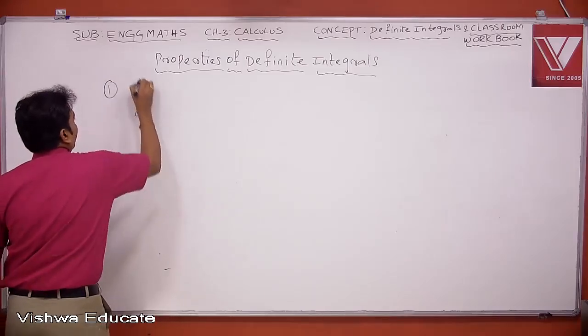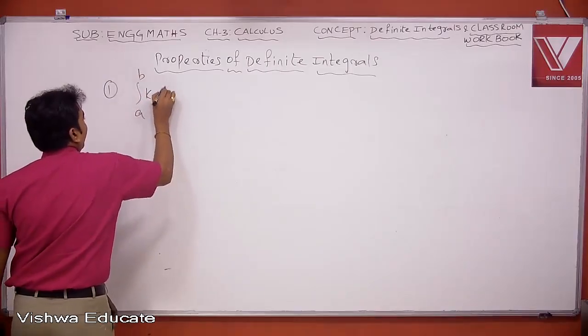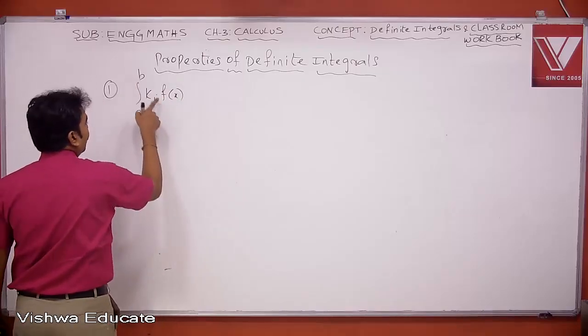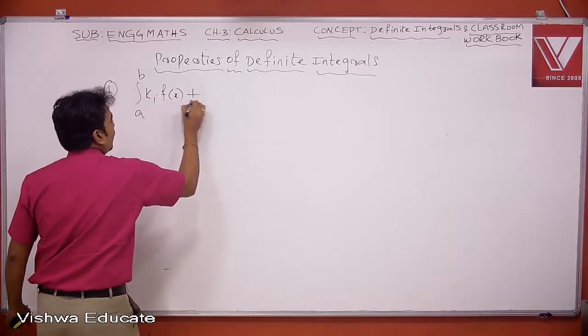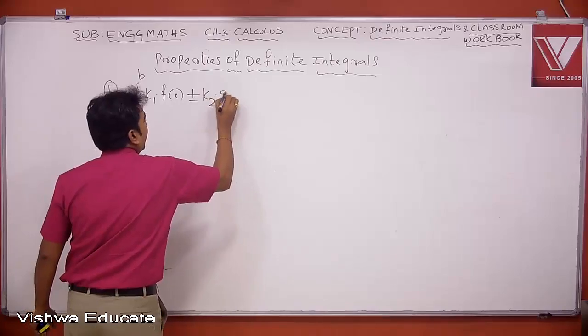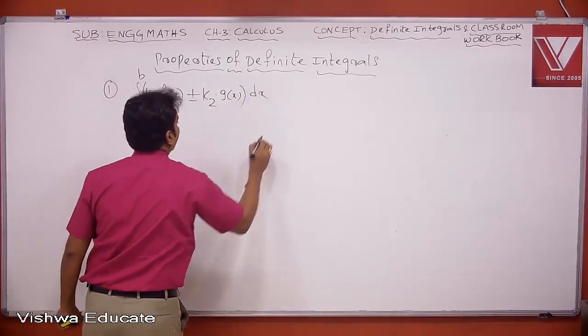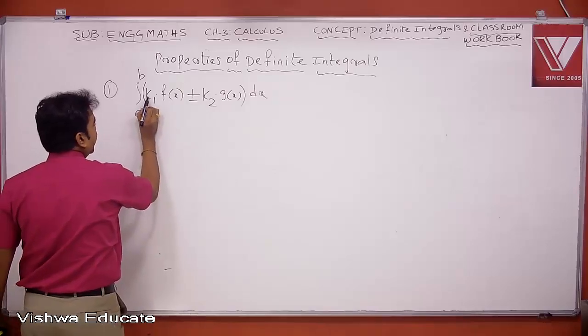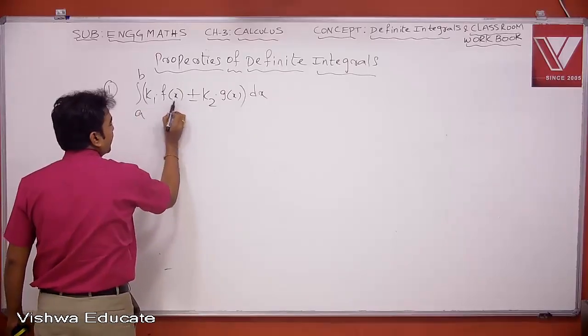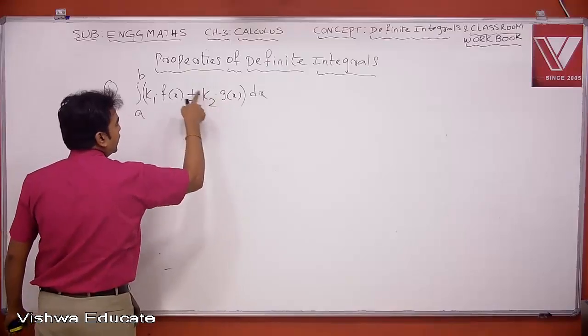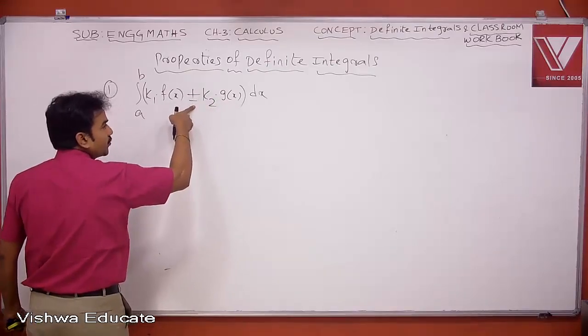Suppose we have the integral from a to b of k1 into f of x plus or minus k2 into g of x dx. Here k1 is some constant multiplied with a function of x, and k2 is a constant multiplied with a function of x. In between these two we have either plus or minus.